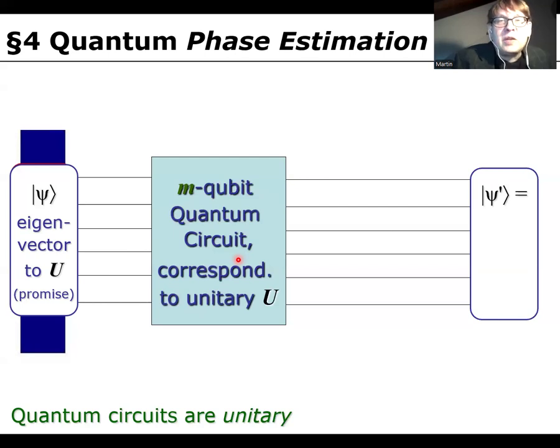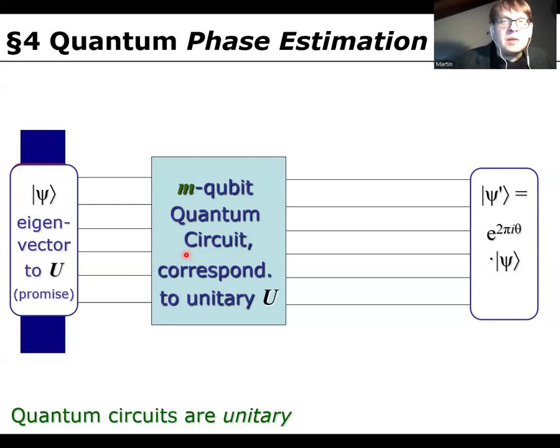Now, if the matrix is unitary, then this means that the resulting vector's scalar multiple, the scalar factor, is actually a complex number of magnitude 1. So it is a number of the form e to the 2 pi i phi, and phi is called the phase.